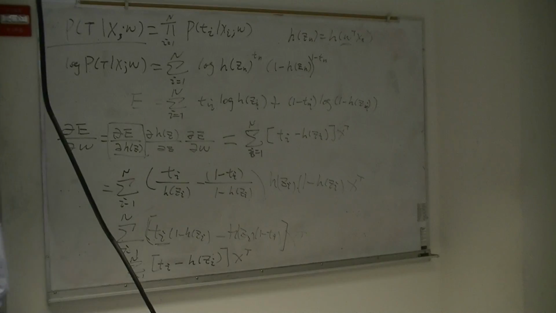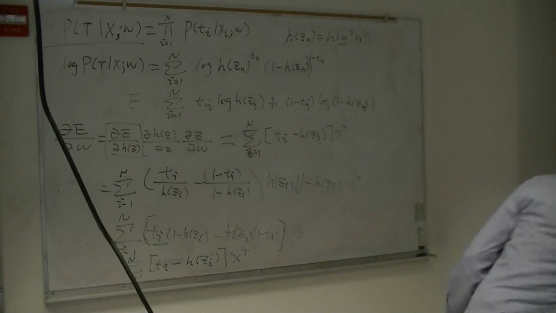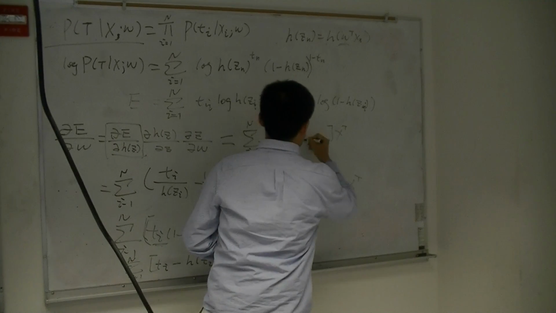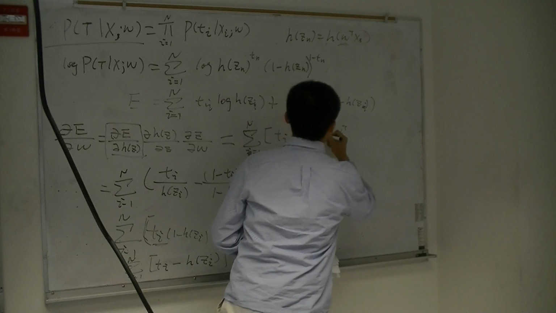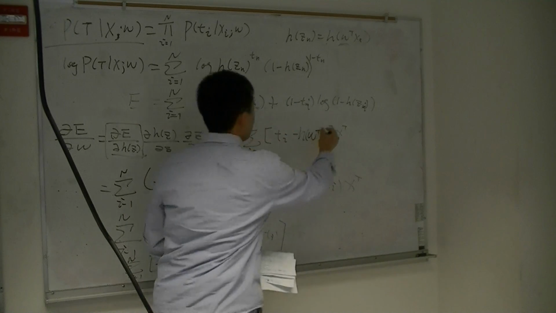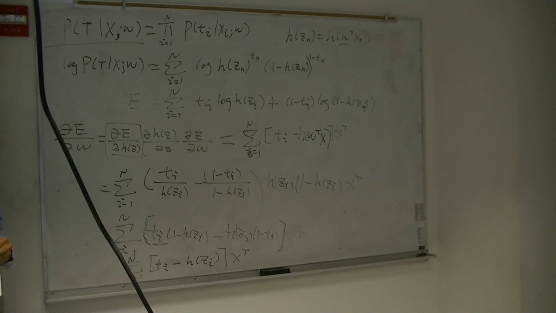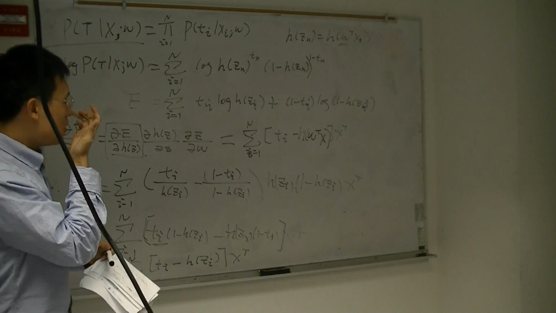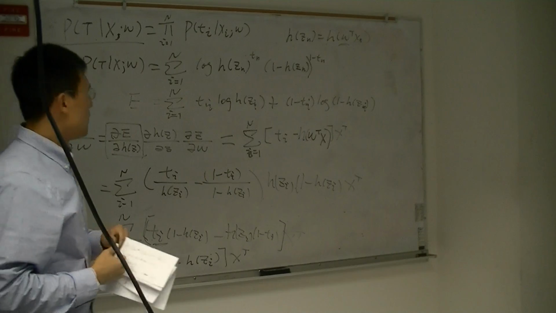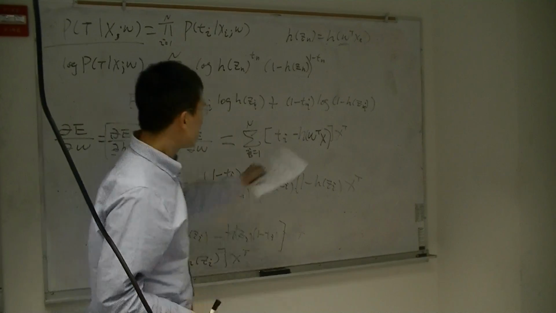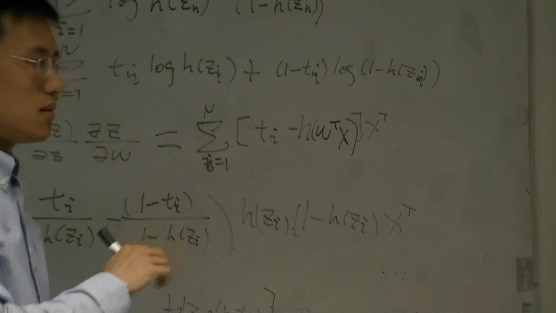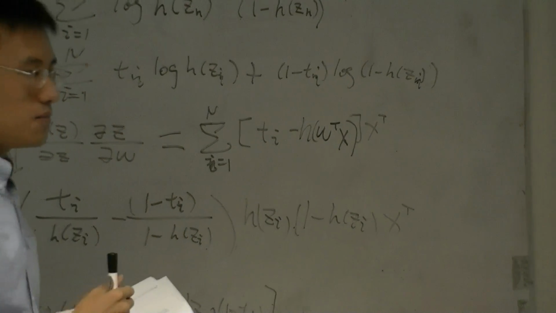So we can put something like this, H of phi x here. This function makes sure the output of the linear regression is bounded between 0 and 1.